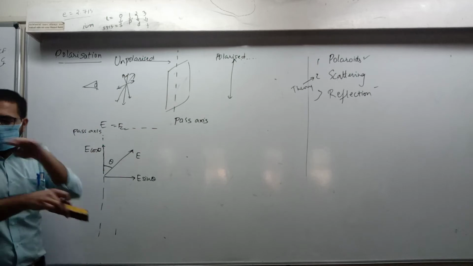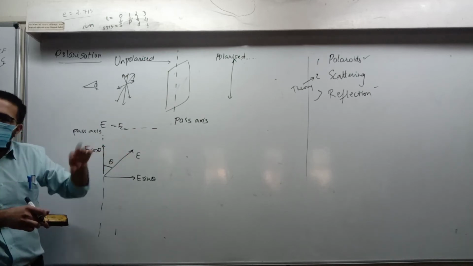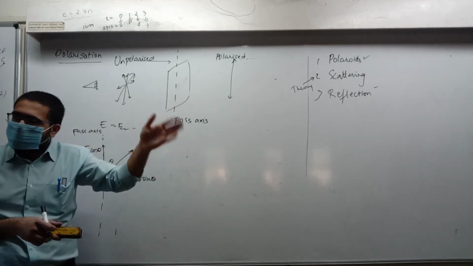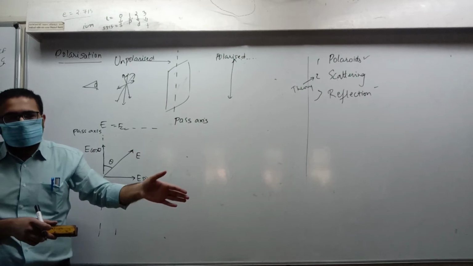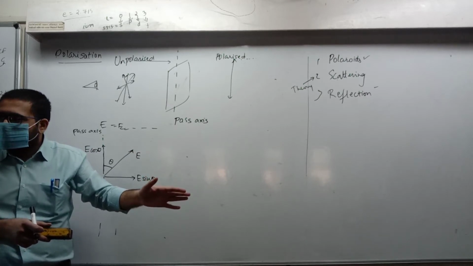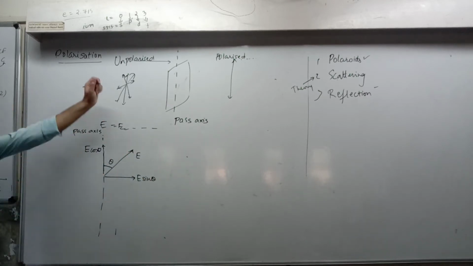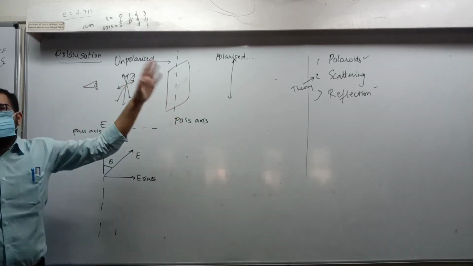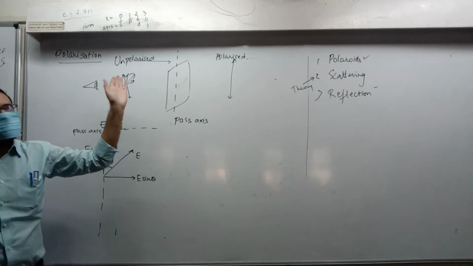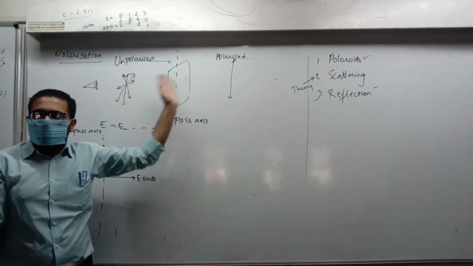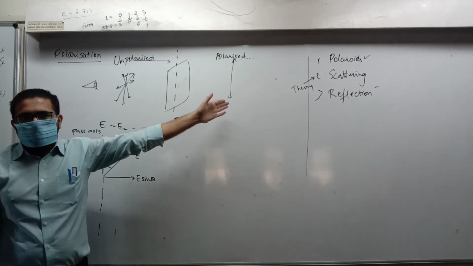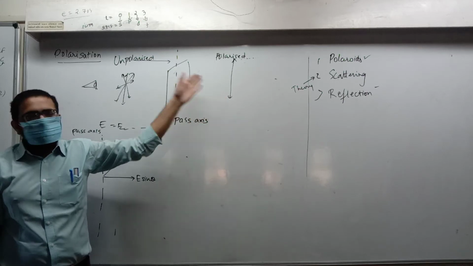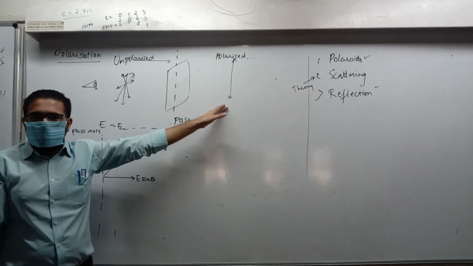Suppose you rotate the Polaroid and make the pass axis horizontal. Then only the horizontal passes, and the vertical is blocked. Get the complete idea about this? Now, another interesting thing. In which case will the intensity of light be more, input or output?